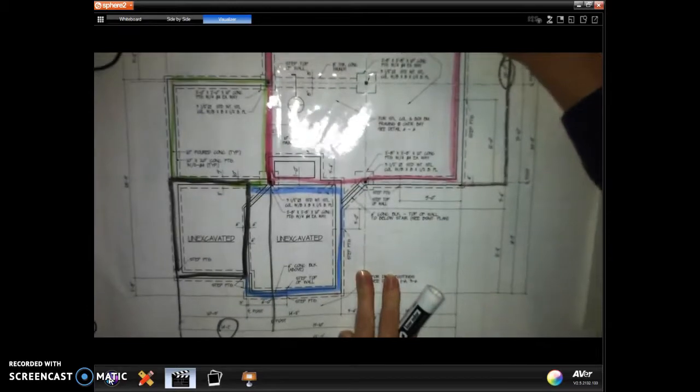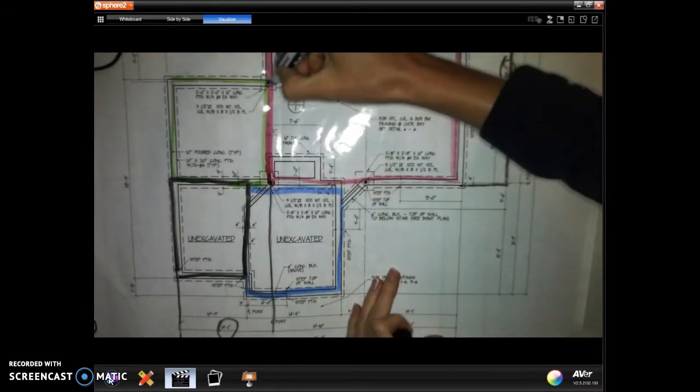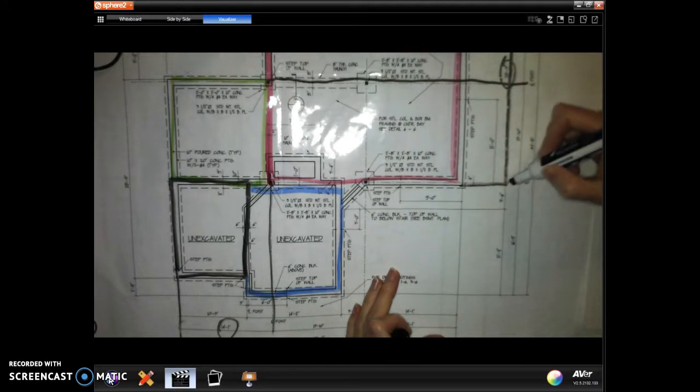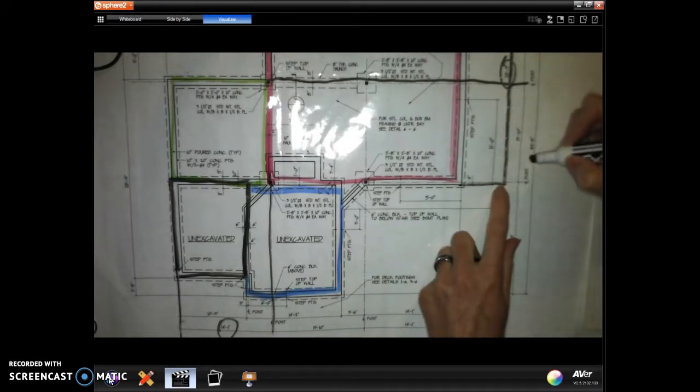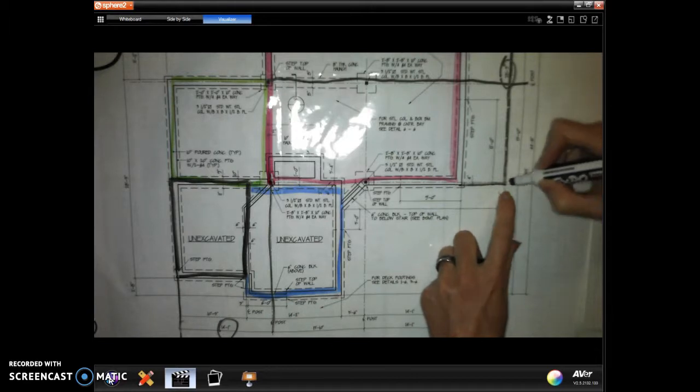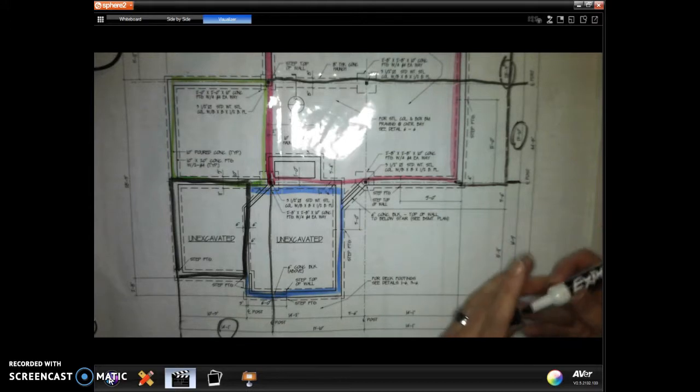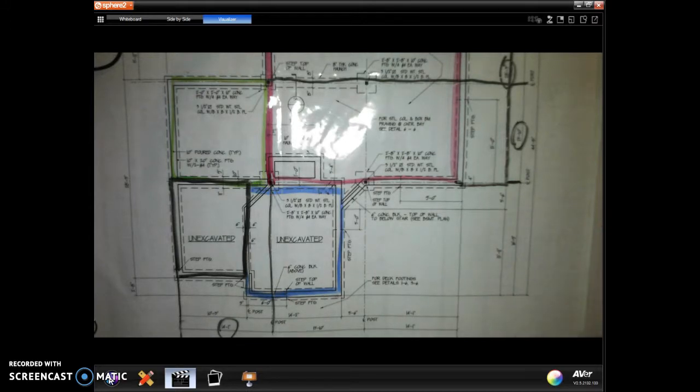Move that back up so you can see. So this dimension over here, now this goes to the center line, so it's going to be a little bit off. Not a huge fan of the way this is calculating, but that's okay, we'll go with it. So we'll do 13 feet 10.